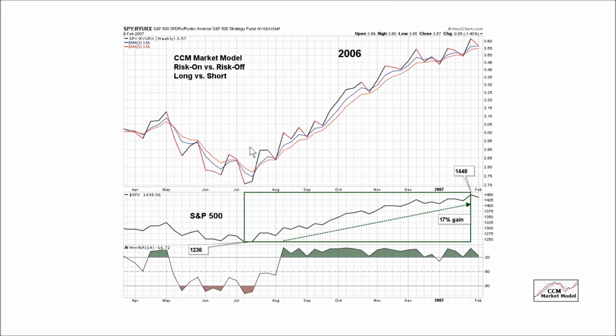Taking the same concepts back to 2006, the only difference here is we're using a mutual fund instead of SH in this area. SH didn't exist here, so this is an excellent proxy and correlates very strongly and zigs and zags when SH does.